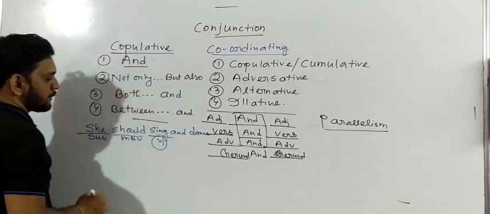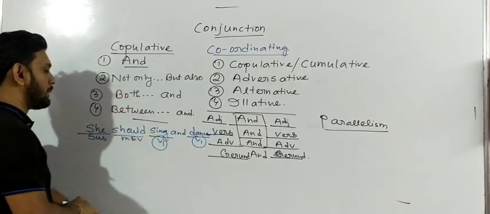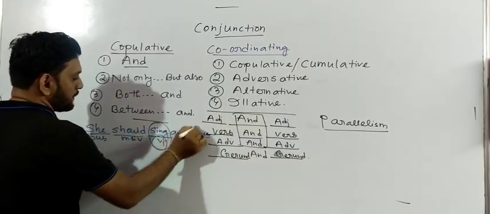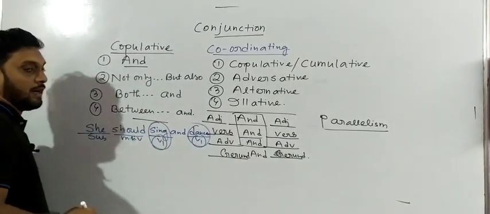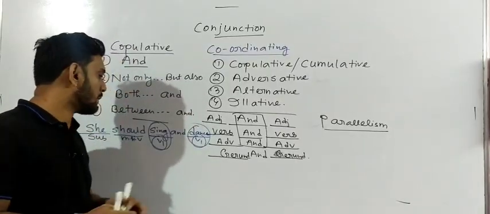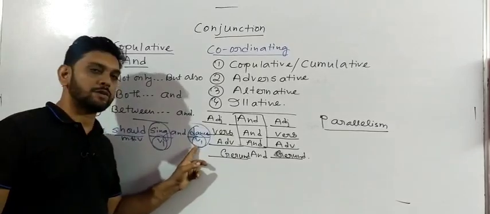We have used the first form of a verb and also we have used the first form of a verb. She should sing and dance. It is also a verb. What is the part of speech of both these words? Verb. Sing is a verb, dance is also a verb.